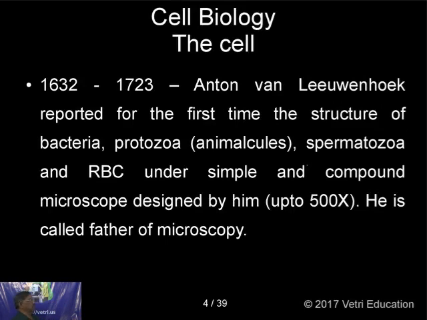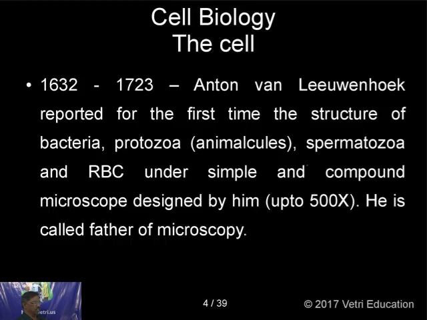Between 1632 and 1723, Anton von Leeuwenhoek reported for the first time the structure of bacteria, protozoa, spermatozoa and red blood corpuscles under the simple and compound microscopes designed by him, up to 500 magnification.